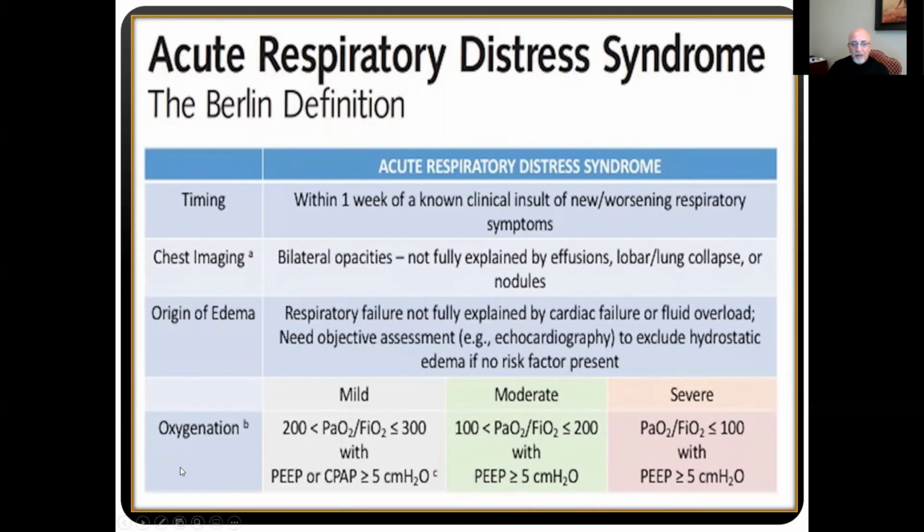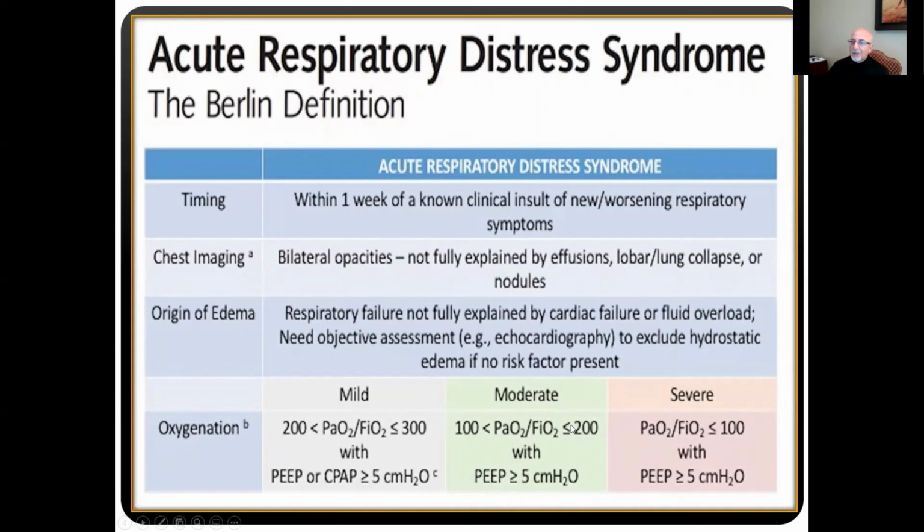The third criteria is very important. When you look at the oxygenation of this patient, it should be categorized in 3 categories based on the PF ratio or the PO2-FiO2 ratio. Mild ARDS is considered if the patient's PO2 is between 200 and 300 with a PEEP of at least 5 centimeters.